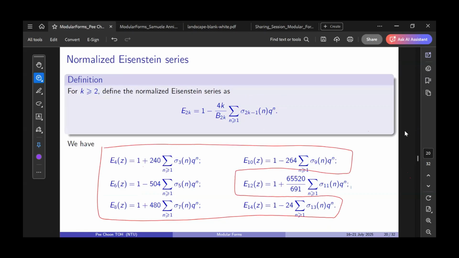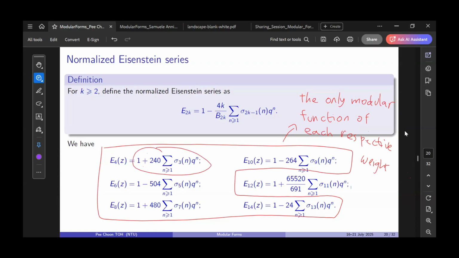Because this is the only modular function of its respective weight. Yeah, so a modular function with weight k is always something like this. Maybe we multiply it with some constant, but it's quite trivial.